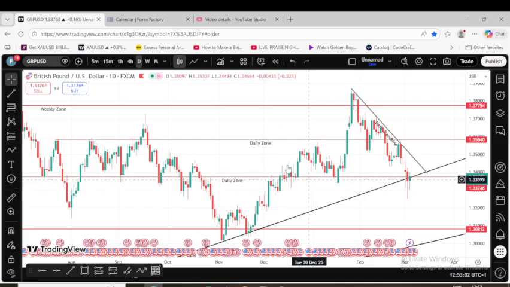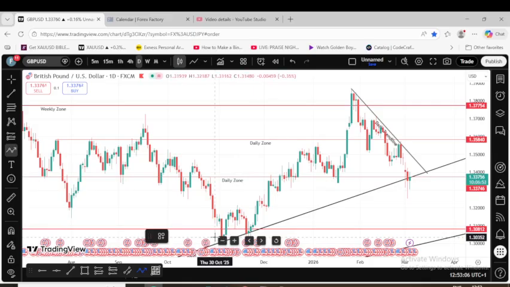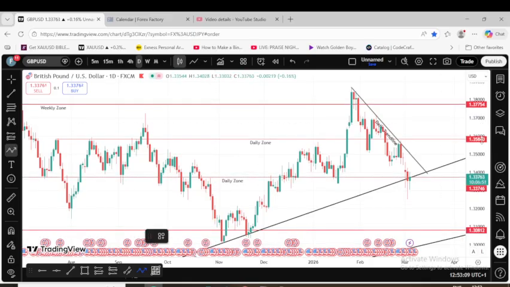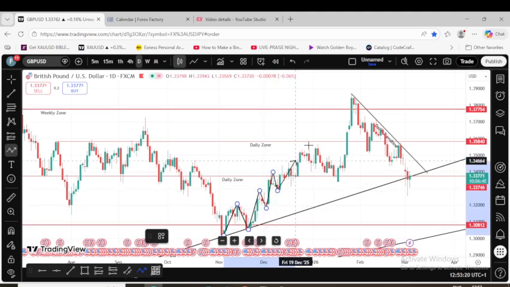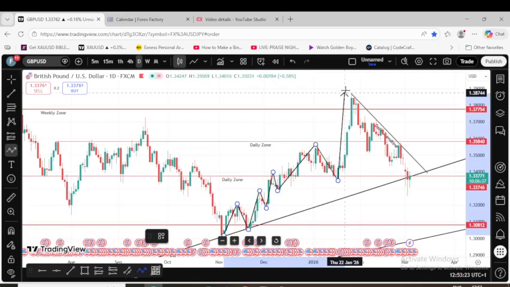This is actually quite amusing. Look at this. We have impulsive, correctional, impulsive, correctional, impulsive, correctional, impulsive, correctional, and impulsive.